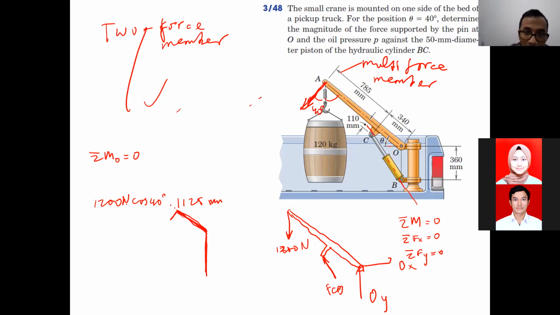Oke, lalu kita hubungkan dari sini ke sini. Kita bisa bikin segitiga apa dari situ? 360, 340, 110. Sudut di sini yang diketahui adalah 40 derajat.